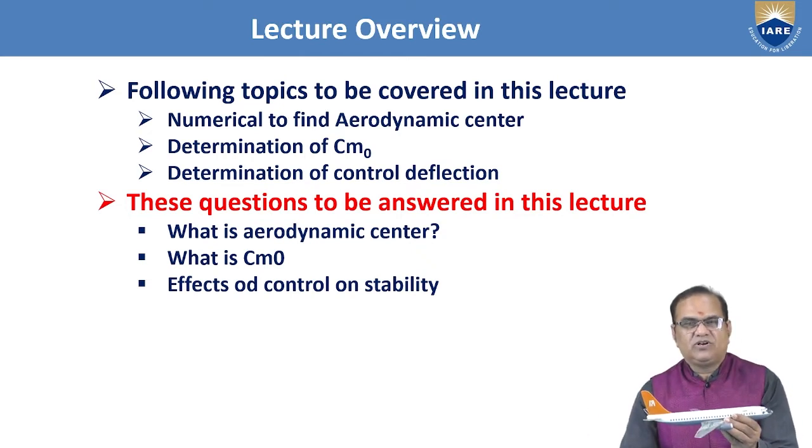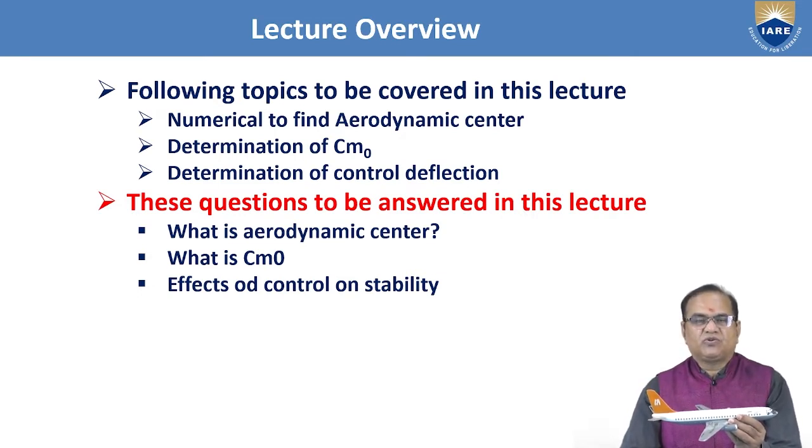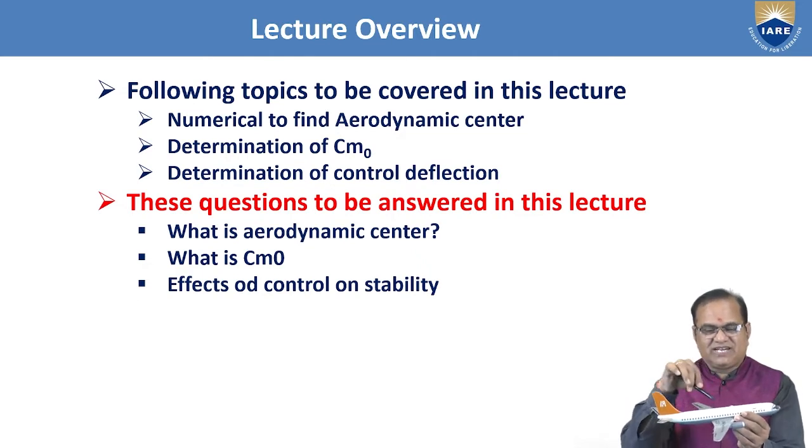And as I just told, if the tendency of the aircraft is towards positive nose up, this system is unstable in the longitudinal case. So we need something to counter this clockwise moment which is generated by the wing.